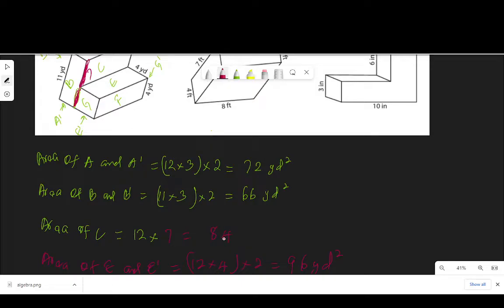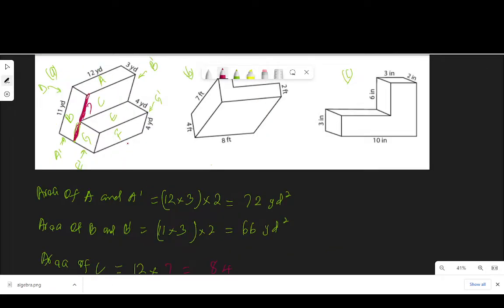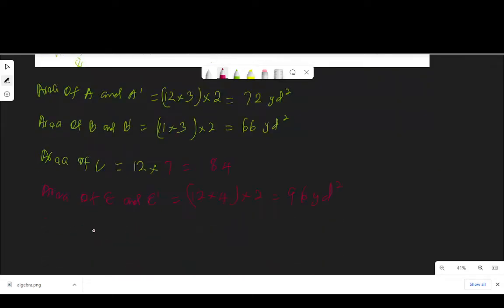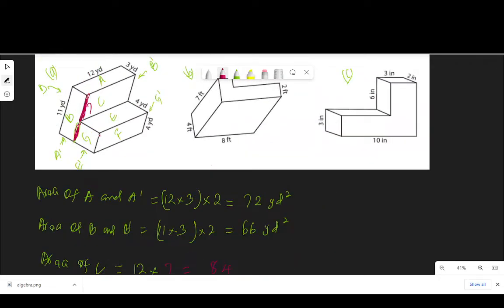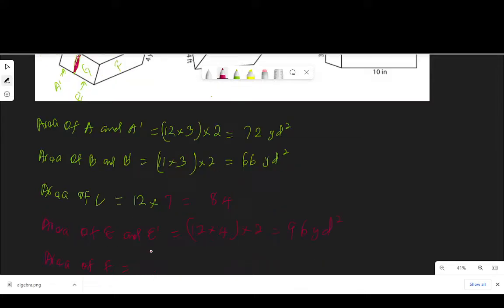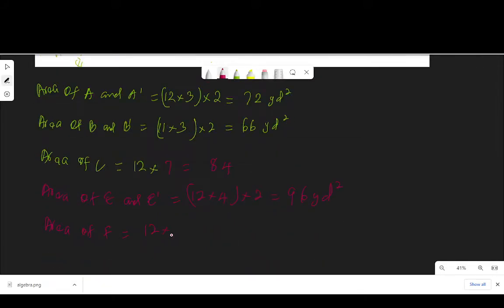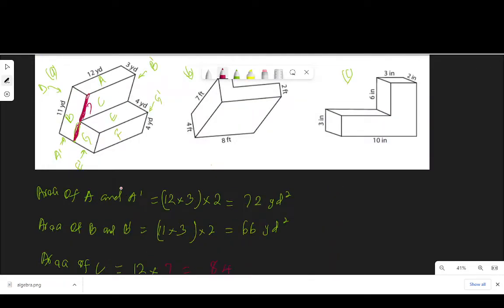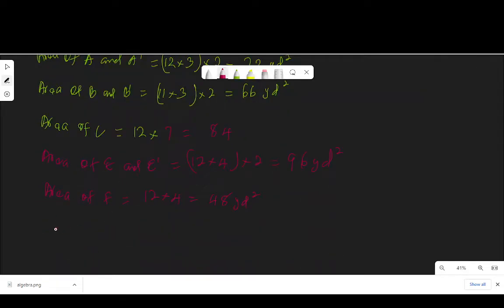Now, area of F. Again, F is alone. Area of F. The length of F is 12 yard. The width is 4. 12 times 4, which is 48 yard square. And lastly, area of G and G prime.